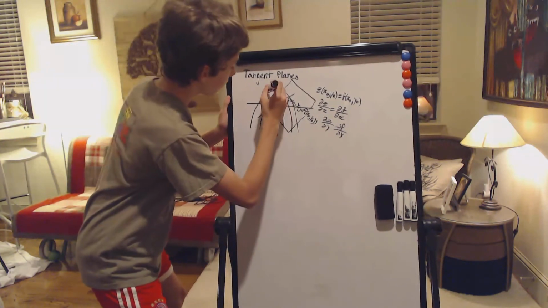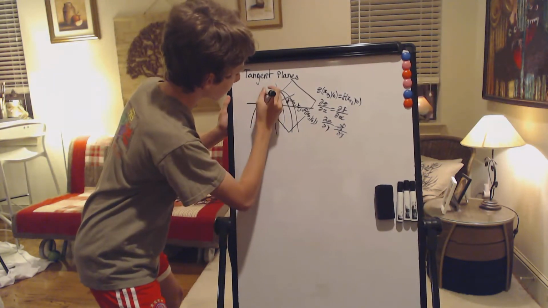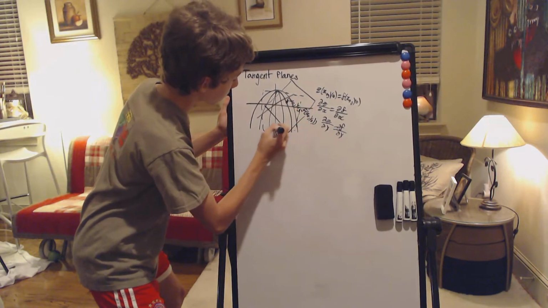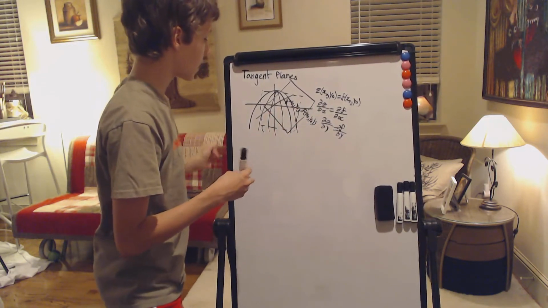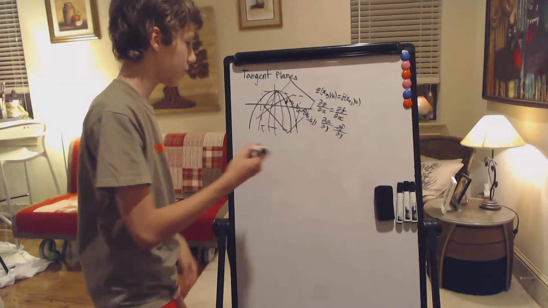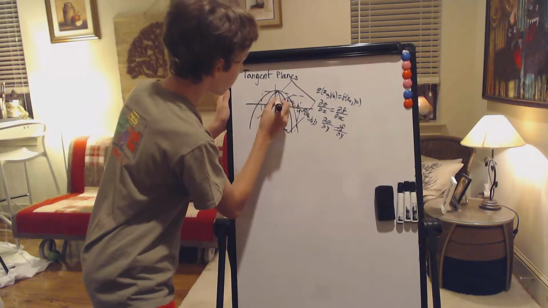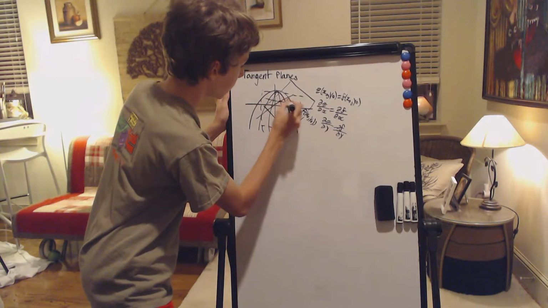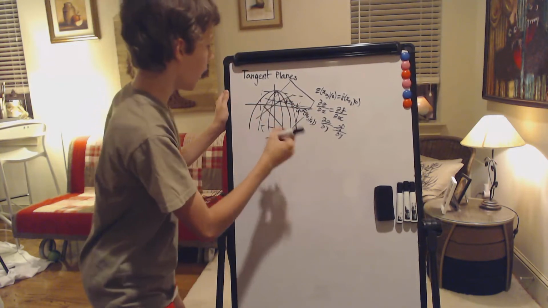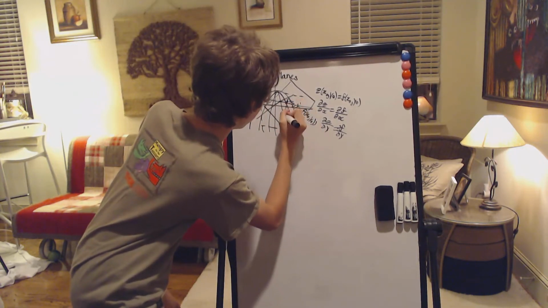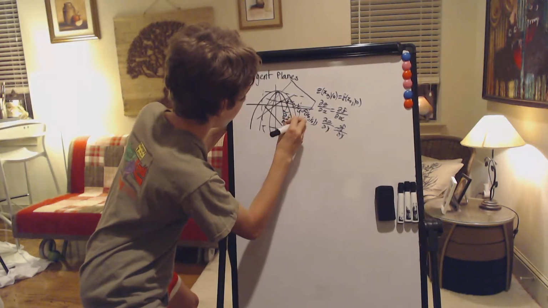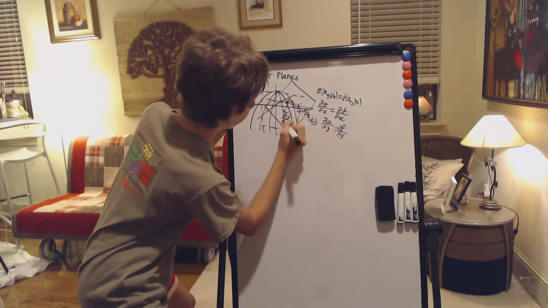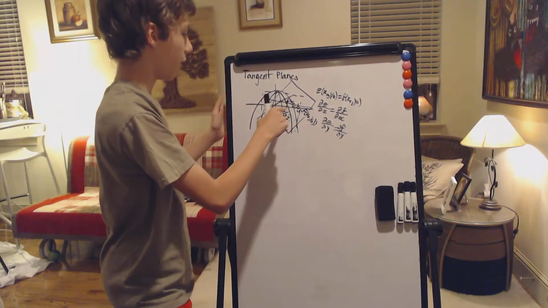So if we consider some kind of plane that slices parallel to the y-axis, then y is changing and x is held constant. So in other words, if we have some line that goes like this, then the line will have slope partial f partial y, right? And it'll go through the point f of x, y.